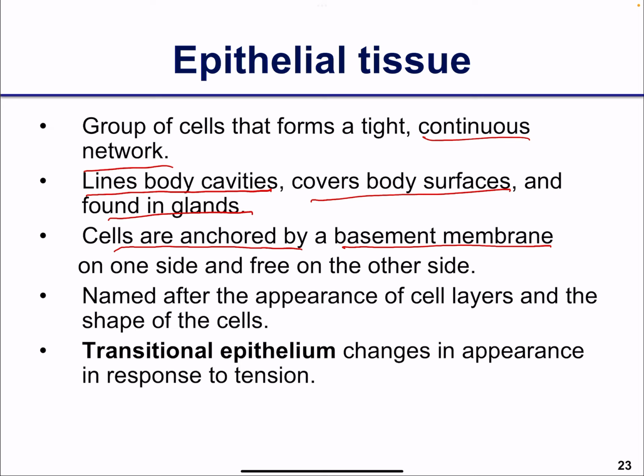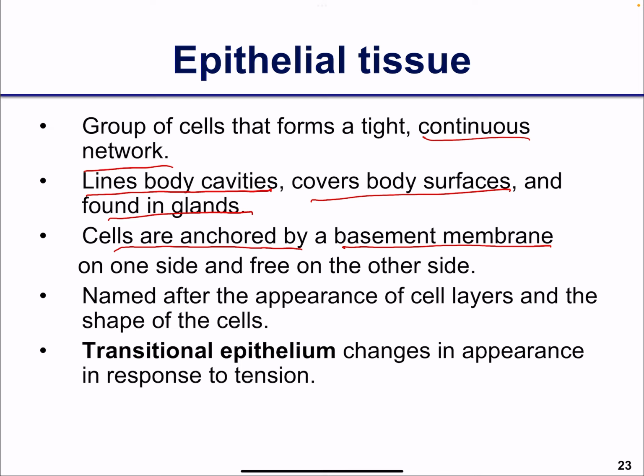That basement membrane is very much at the bottom of the epithelium, while at the top of the epithelium you have an open surface, right? The epithelia are going to be named based on the shape of the cells they are made up of, right?